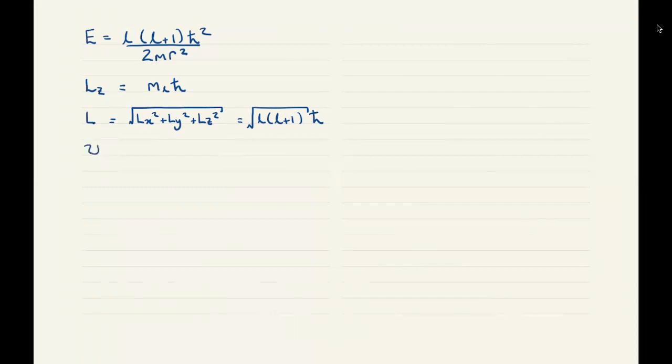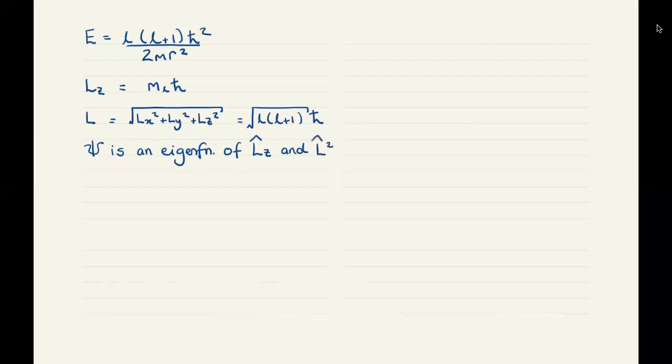And again, the wave function, that's the solution to the Schrödinger equation, is an eigenfunction of the L sub z operator, sorry, and of the operator for total angular momentum.